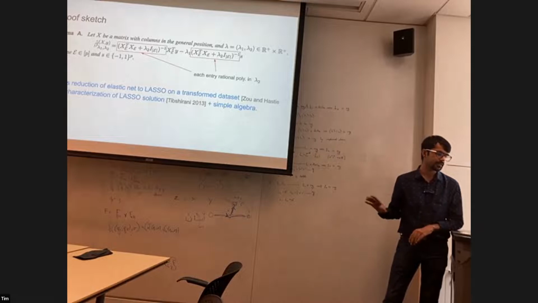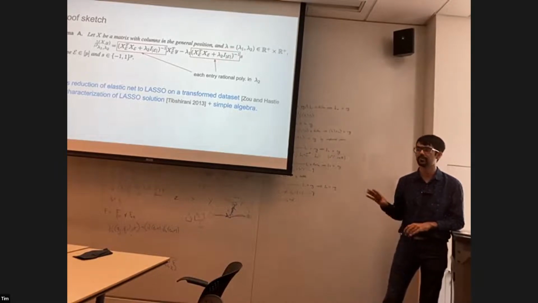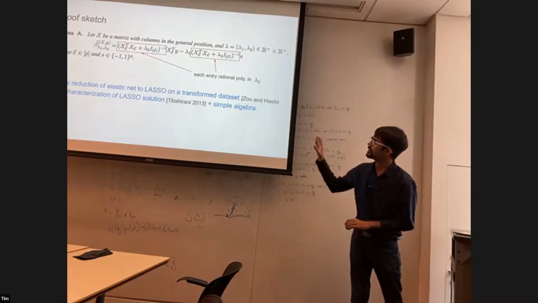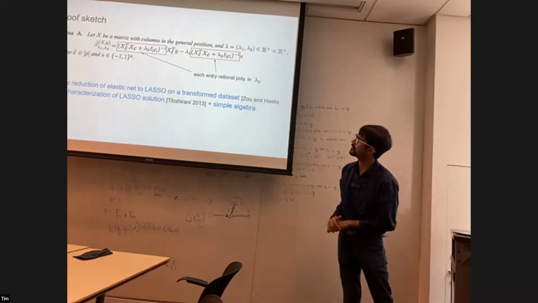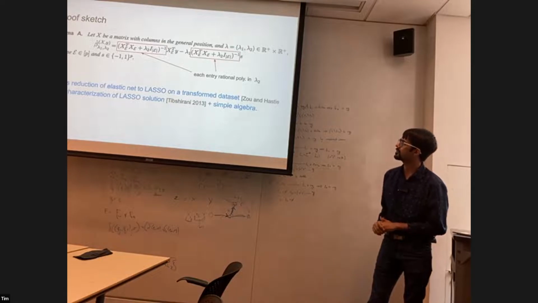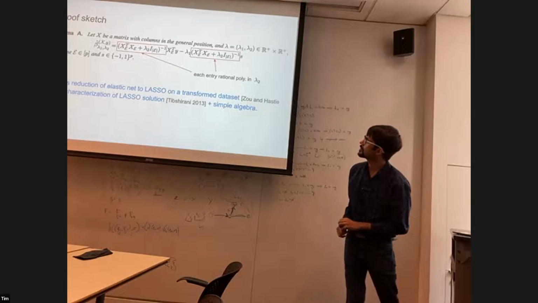One thing to note here is that this matrix gives us some indication of why we get those rational polynomial piece functions. Again, using elementary linear algebra, you can show that each entry of these inverse matrices would be a rational polynomial in the lambda parameter.